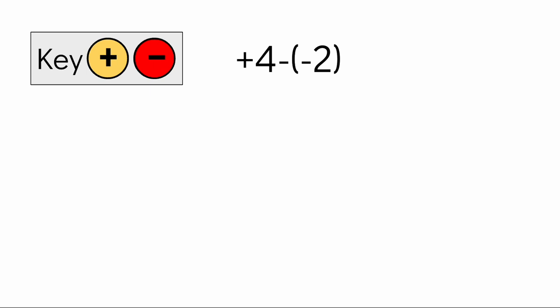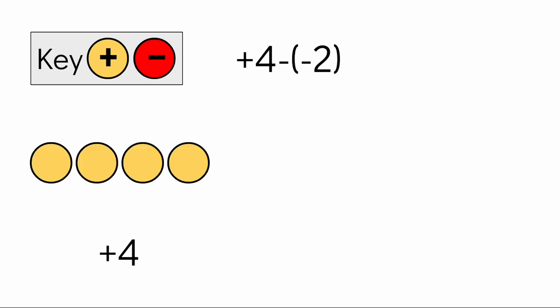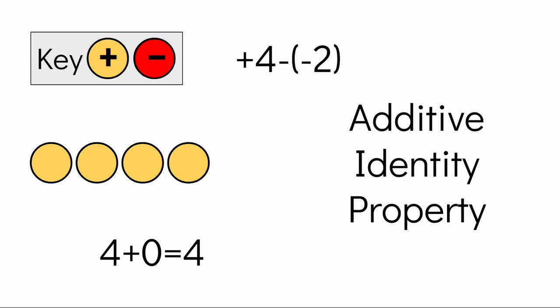Let's model positive 4 minus negative 2. I'll need 4 yellow counters to show positive 4. Now I need to subtract or take away negative 2, except I have no red negative counters to take away. We know that we can add 0 to any number and it won't change the value of the number.